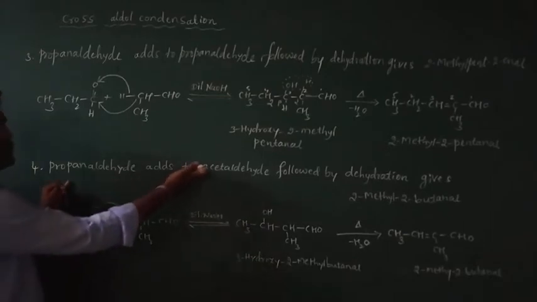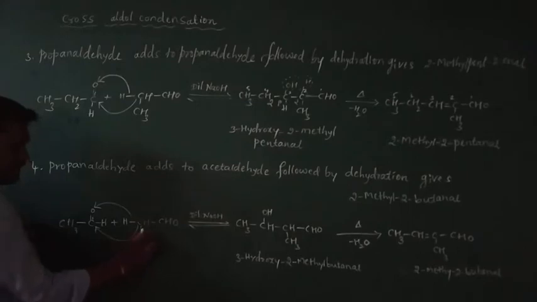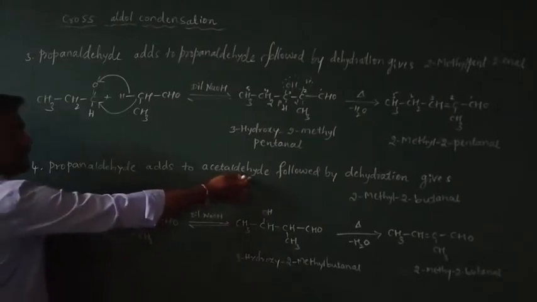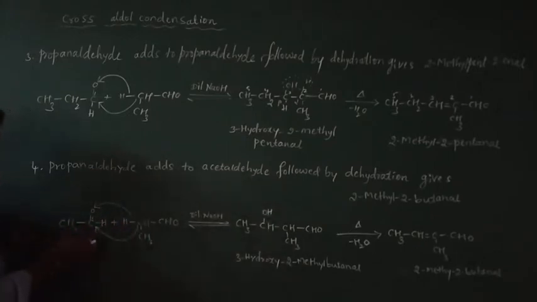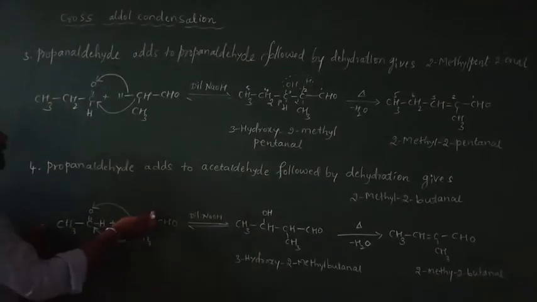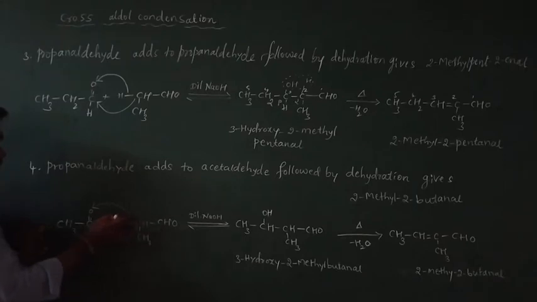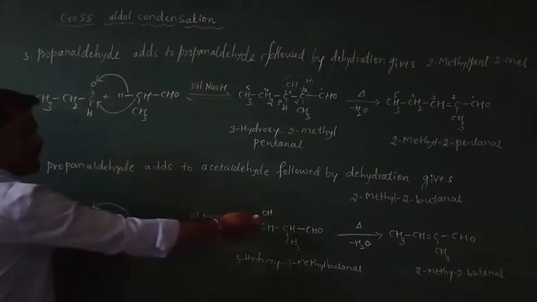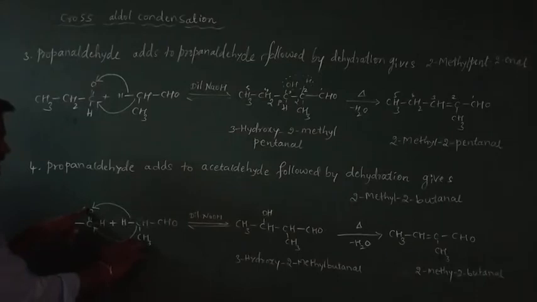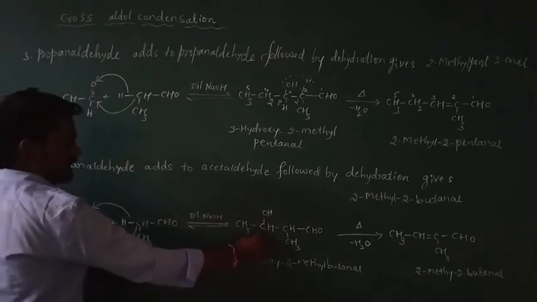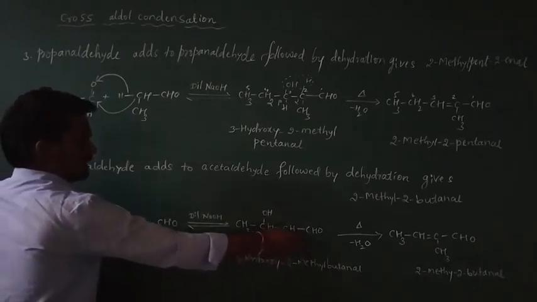Propanaldehyde is carbon number 1, 2, 3; acetaldehyde is CH3CHO, or ethanal. The alpha hydrogen atom of propanaldehyde is added to the carbonyl oxygen to form OH, and the remaining CH3CHCHO is attached to the carbonyl carbon, the second carbon.